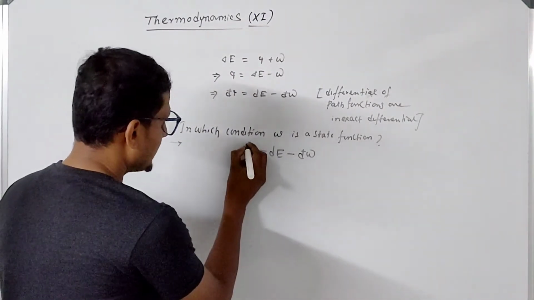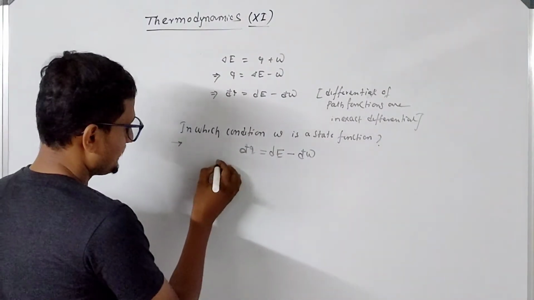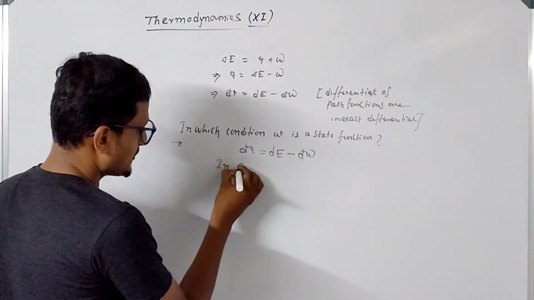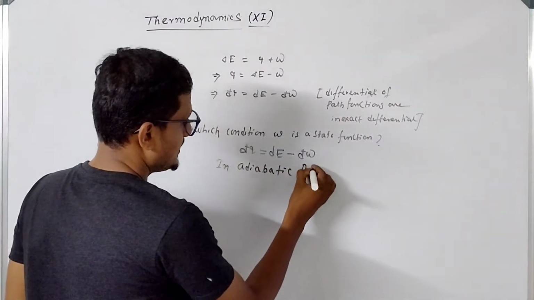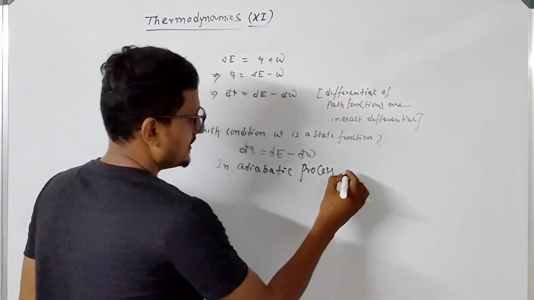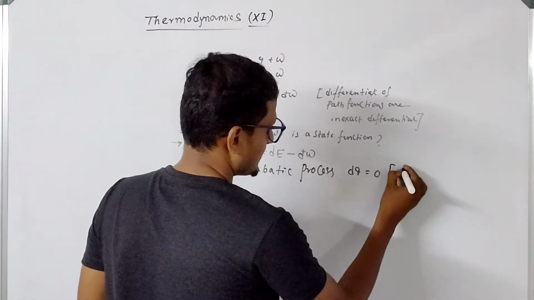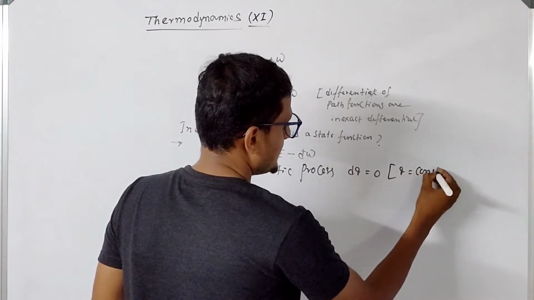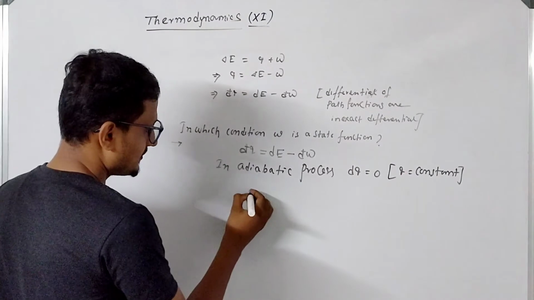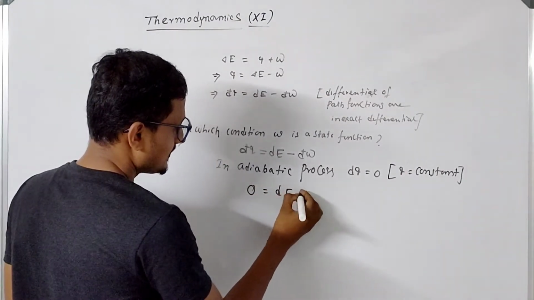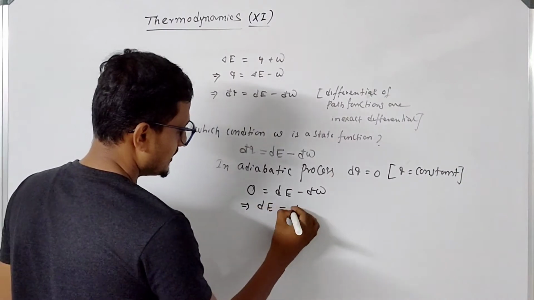Now we know that under the adiabatic condition, that is in the adiabatic process, dq equals 0. That means heat Q is constant. So if Q is constant, then we can write 0 equal dE minus dW. So from here dE equal dW.